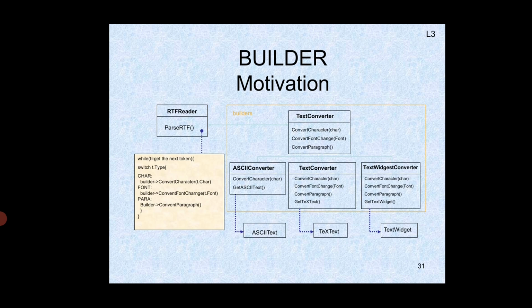Here the RTF reader is there and the parse RTF operation is performed. We get the next token and perform a switch operation. The builder converts characters, writes fonts, converts a font change, and edits paragraphs. The builder converts paragraphs also.